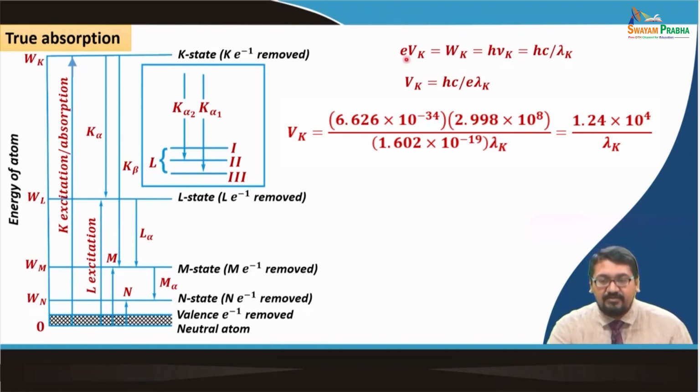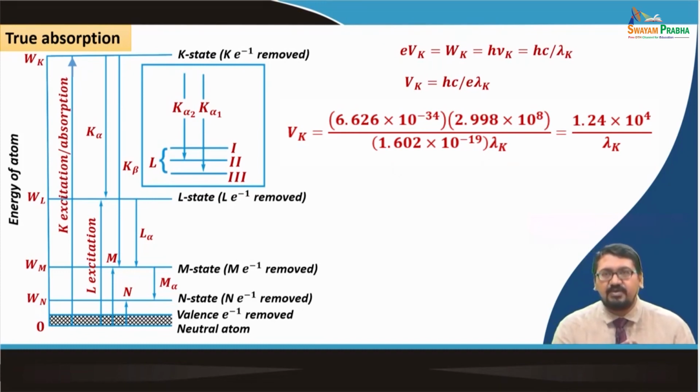If we find out the voltage of the X-ray tube, Vk is equal to hc by e, where e is the electronic charge, times lambda k, right. So, Vk is equal to h, which is 6.626 into 10 to the power minus 34, Planck's constant, c is the speed of light, 2.998 into 10 to the power 8, divided by the charge of the electron, which is 1.602 into 10 to the power minus 19, times lambda k.